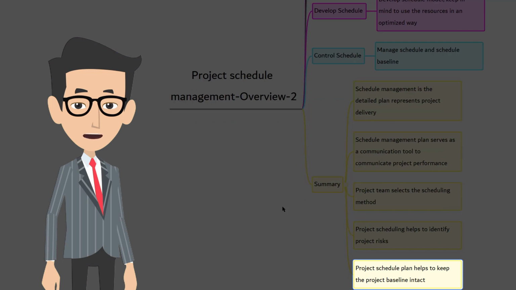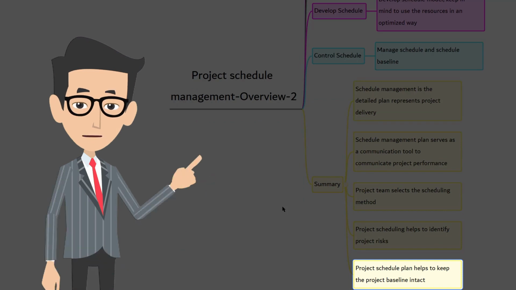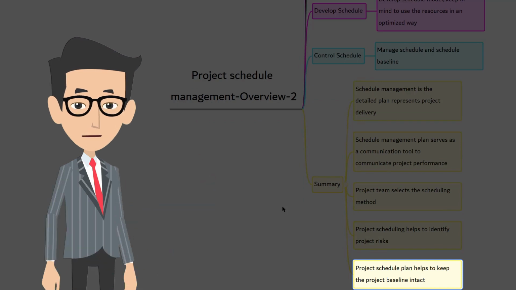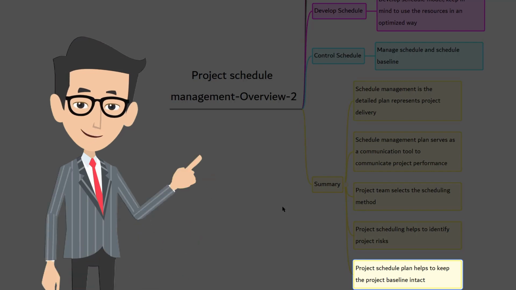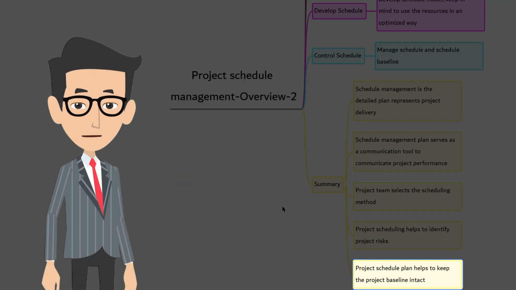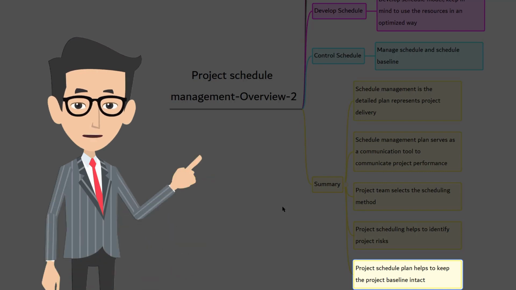As changes are introduced in the project, of course, I'm talking about the approved changes, the project schedule needs to be updated because there may be some new activities added or some activities may not be needed anymore in the project. The change in schedule forms the new schedule baseline. The project performance will be measured based on the updated schedule baseline.